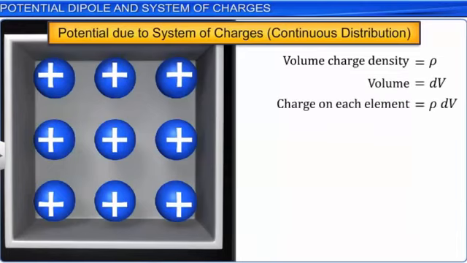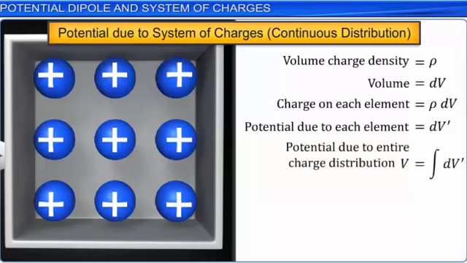Then we find the potential due to each such volume element, say dV'. The potential V due to the entire charge distribution is then obtained by integrating dV', since this gives the sum of potentials over all such distributions.